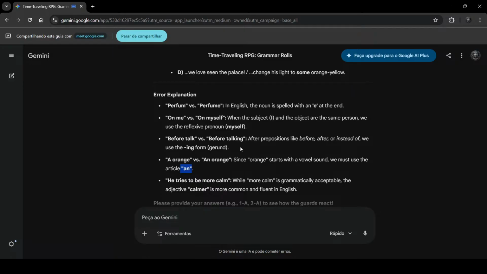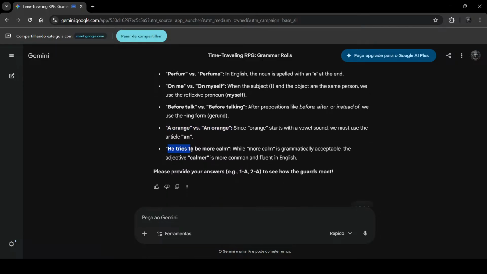The sounds link together, right? This is good for practicing your listening, for linking sounds. So he tries to be more calm, while more calm is grammatically acceptable, the adjective calmer is more common and fluent in English.